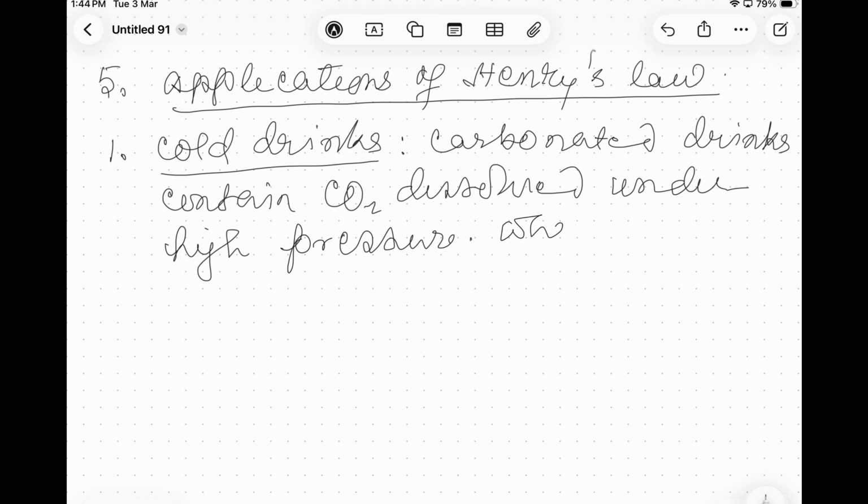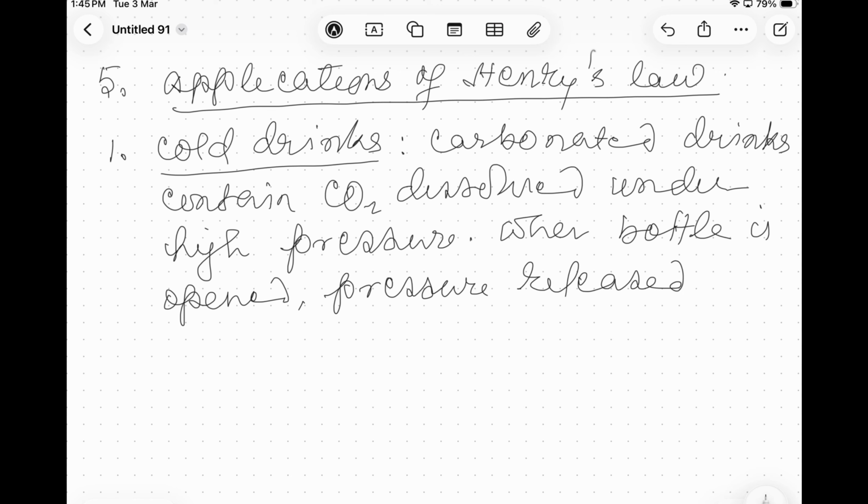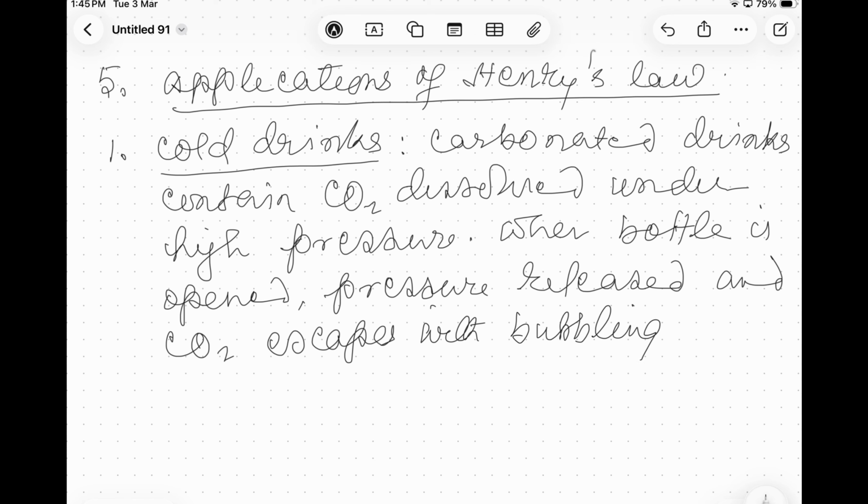When bottle is opened, pressure released, and CO2 gas escape with bubbling. This is the Henry law action.